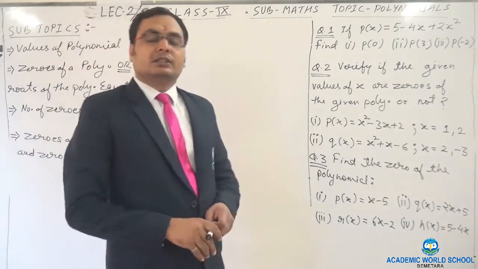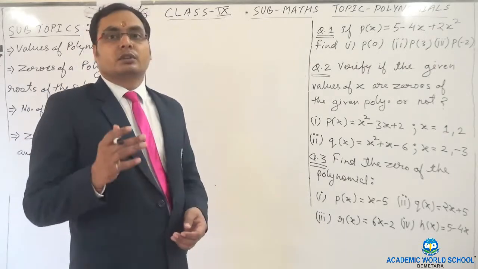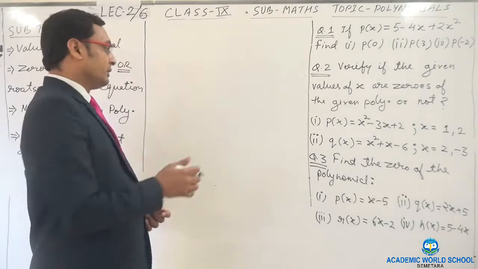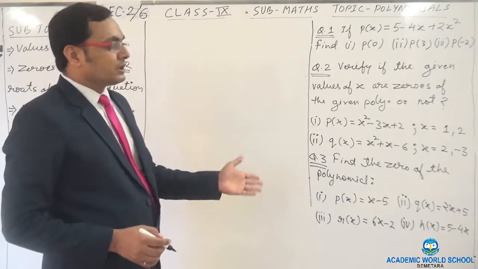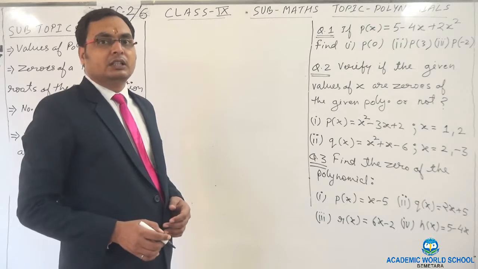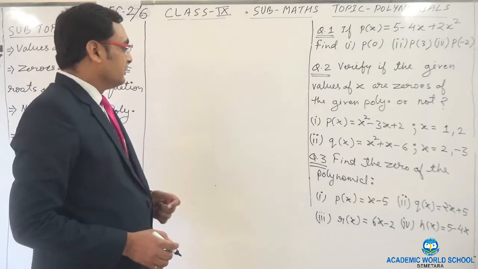Now I have already told you that the 0 of a polynomial or the roots of the polynomial equation are the same thing. So if we are asked to find the 0 of the polynomial, then we can put the polynomial equal to 0 and find the root of that polynomial, and those root of the polynomial will be the 0 of that polynomial.